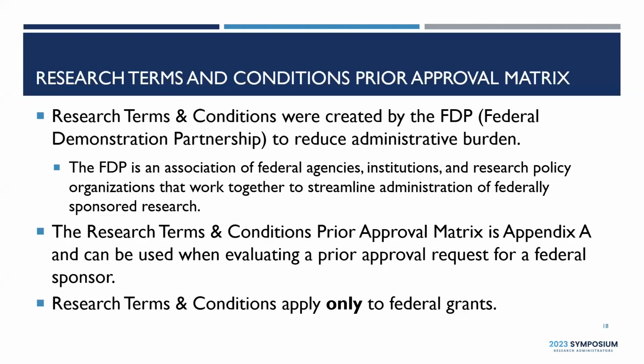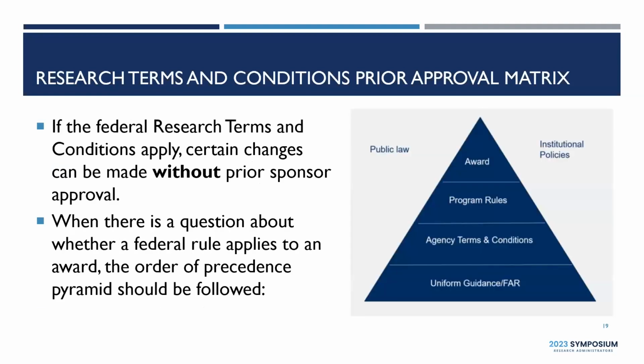The FDP is basically a group of federal agencies, institutions, and universities that all work together to try and make our lives a teensy bit easier. So they came up with this prior approval matrix, which is Appendix A of the research terms and conditions. It gives you some guidelines for when you're going to need prior approval for an action. It's important to remember that research terms and conditions apply only to federal grants.